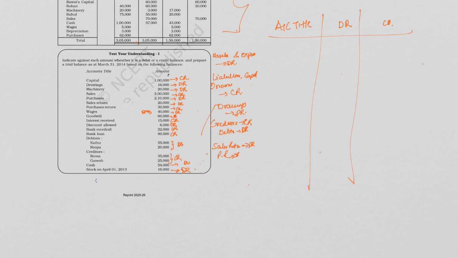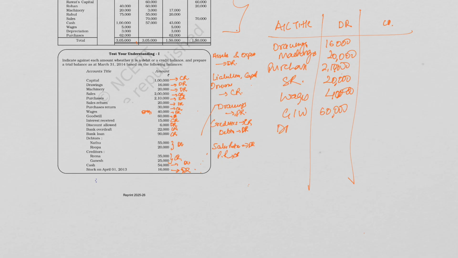So we'll write here, like we have drawings, 16,000, we have machinery rupees 20,000, we have purchases rupees 2,10,000, we have sales return 20,000, we have wages 40,000, goodwill 60,000, discount allowed 6,000, debtors Nathu 55,000, rupa 20,000, cash 54,000, opening stock 16,000.